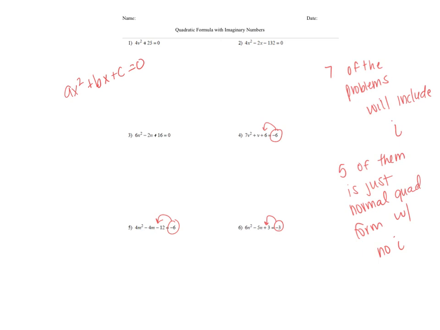So if you need to be writing these things down, I'm also going to write down the quadratic formula so you have it. These things are important to remember. And don't forget that the square root of -1 equals i. So these are 3 important things that you need. If you would like to write them down, go ahead and do so.